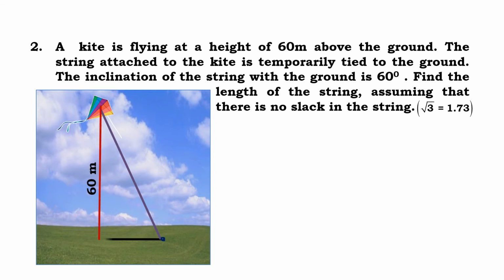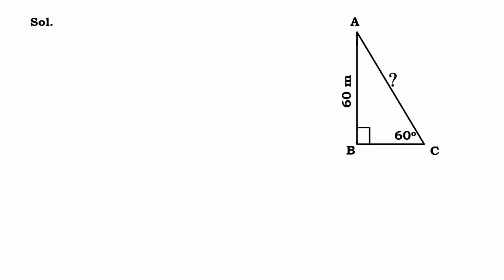Now we need to find the length of the string, assuming that there is no slack. No slack means the string is not curly, it's a straight string. Okay. So now let us solve the sum. As you know, we will assume that it is a right angle triangle, and this is the angle made by the string of 60 degrees.